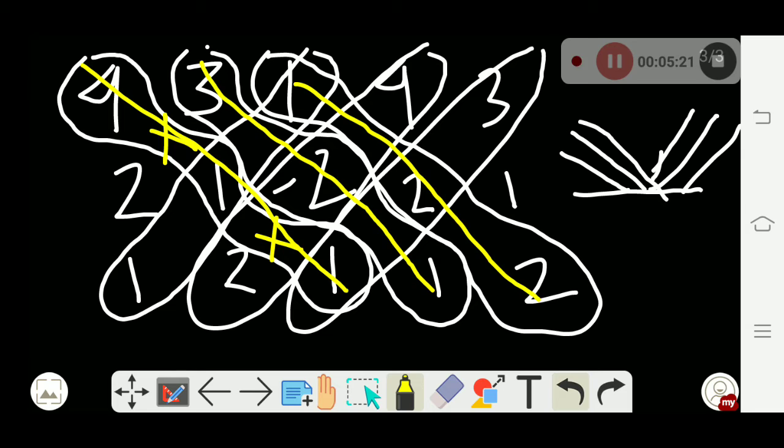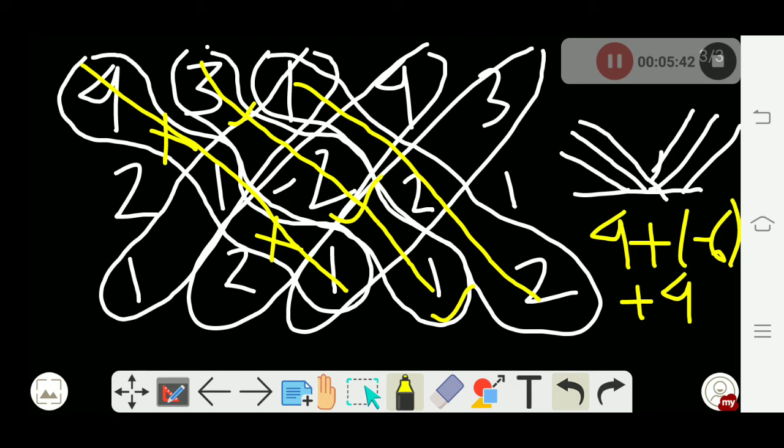That is 4 into 1 into 1, it's 4, plus 3 into minus 2 into 1, it is minus 6, right? Again, 2 into 2 into 1 is 4, so 8 minus 6 is 2, right?